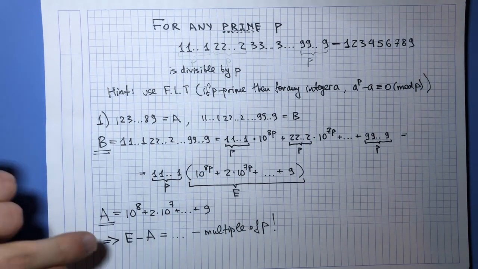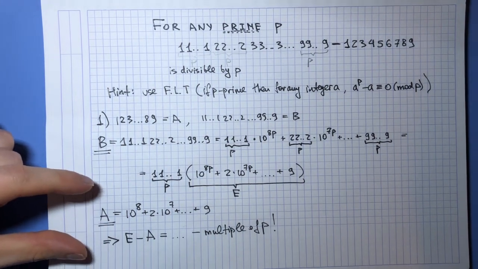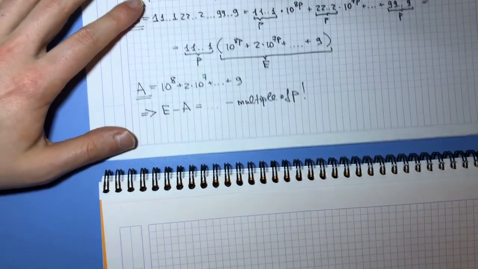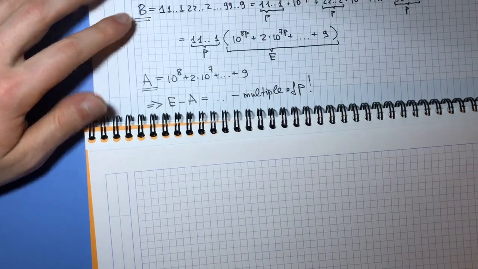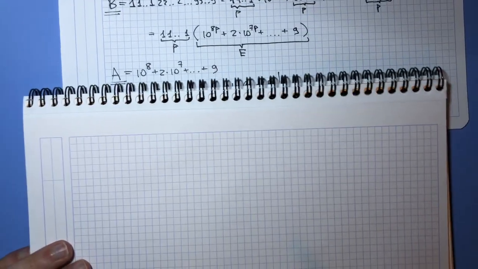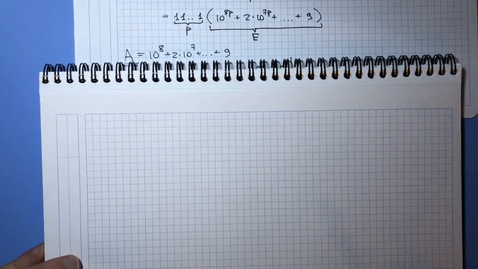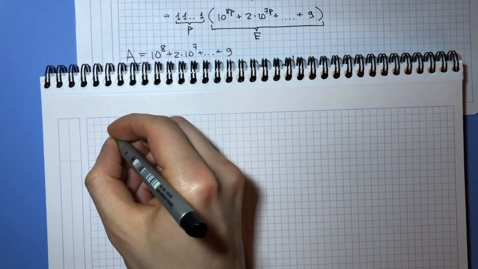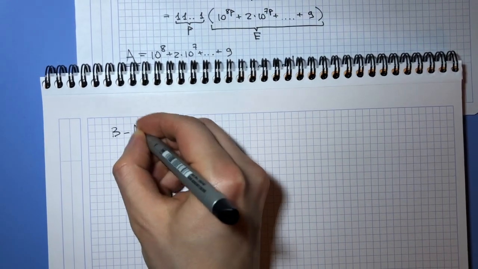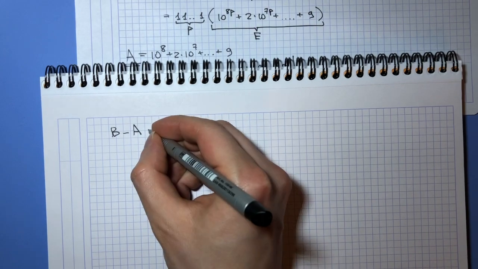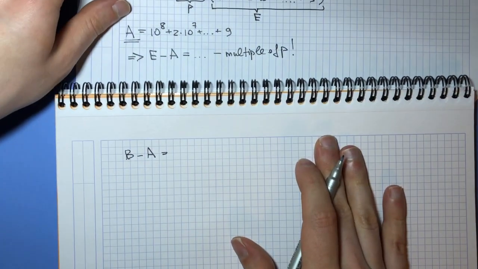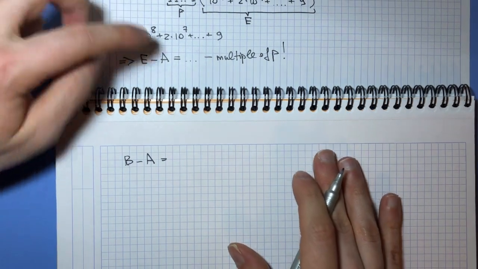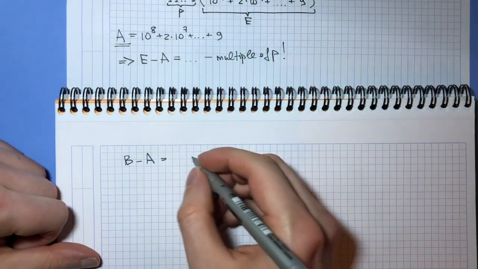All right, so once we have this result fixed, we can now think about the result that we want. So what we want is B minus A. And so far, we have realized that E minus A is a multiple of p.